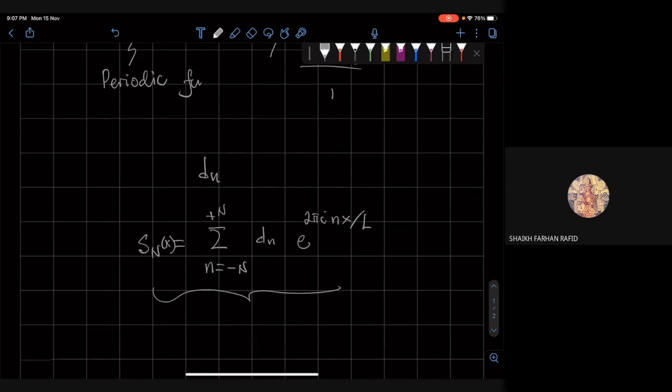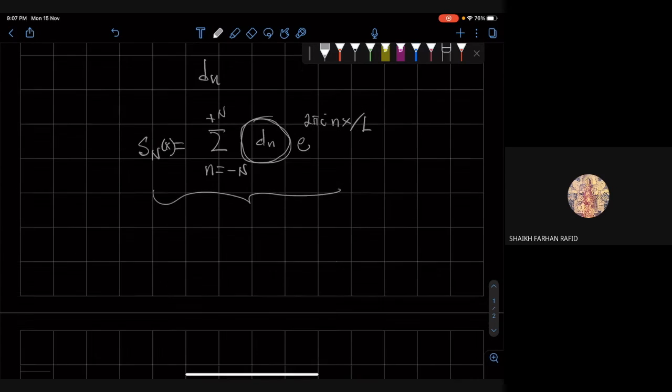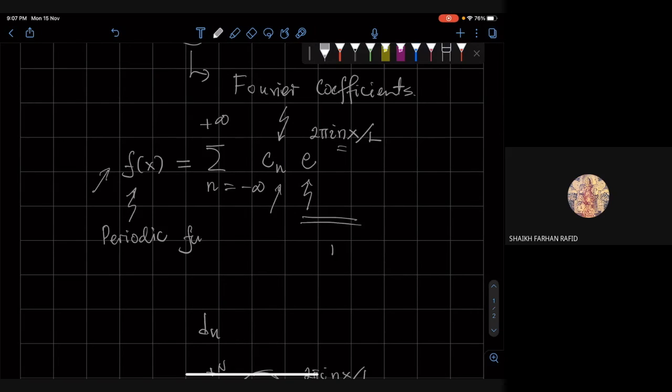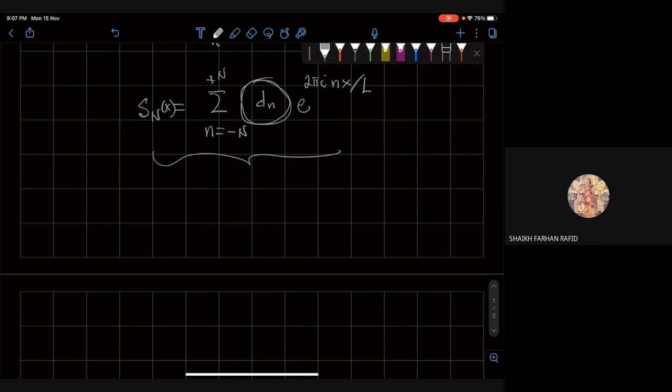This is not the Fourier series, this is some random finite series, and the coefficients are Dn here. What we showed is that, in the sense of least squares, the partial sum is good at approximating this function if Dn is equal to Cn. Okay.